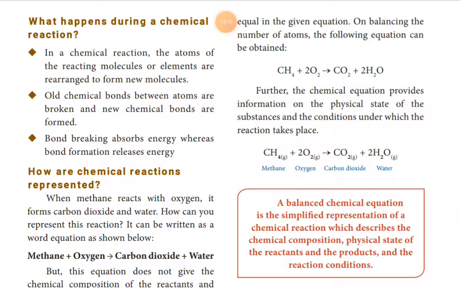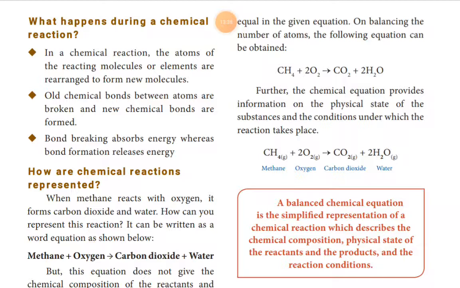So during the process of bond breaking, energy is absorbed, and to form a new bond, what takes place? Energy is released. So bond breaking absorbs energy and bond formation releases energy. So there are three things that take place during a chemical reaction.